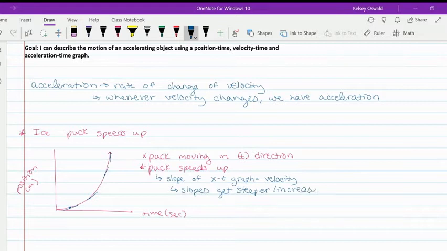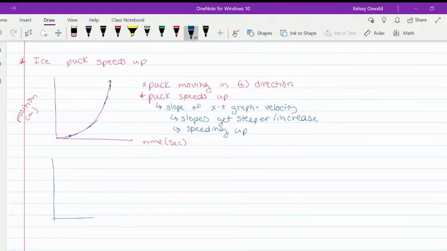And since our slopes increase in value and they get steeper, this tells us our object is speeding up. So we can tell from this graph that one, it's moving in the positive direction because our positions are increasing, and two, our puck is speeding up because our slopes are getting steeper and steeper, and our slopes tell us our velocity.